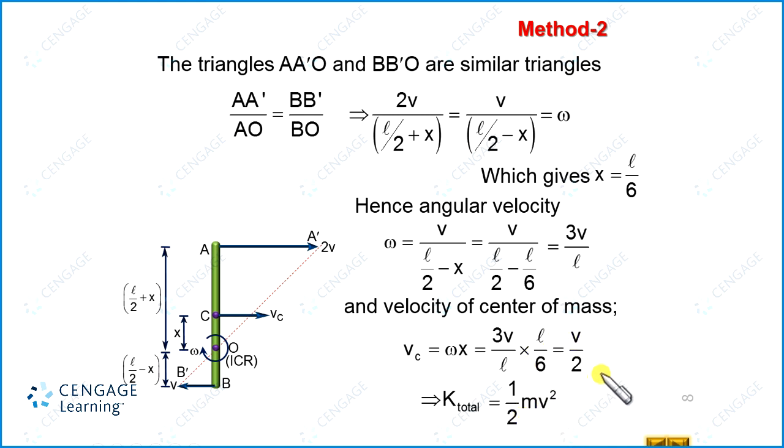One more important point. We know the ICR property, that is the instantaneous center of rotation property. We know the total body can be considered as pure rotation about the ICR.